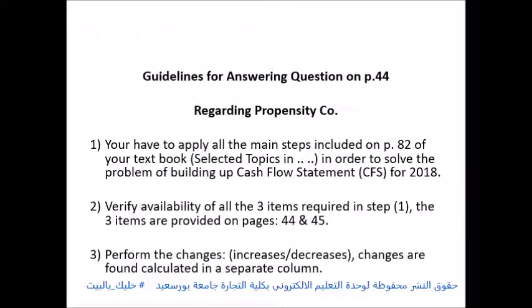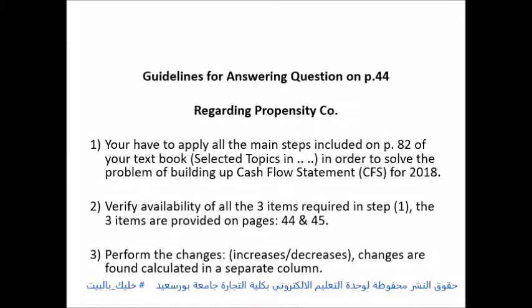In all items of assets you have to do the same. Compute the increase or the decrease. If in the first year it was 1,000, at the end of the year it comes to be 900, that means there is a decrease of 100. If at the beginning of the year it was 1,000 and at the end of the year comes to be 1,300, this means there is an increase of 300. You have to put these changes in a separate column.